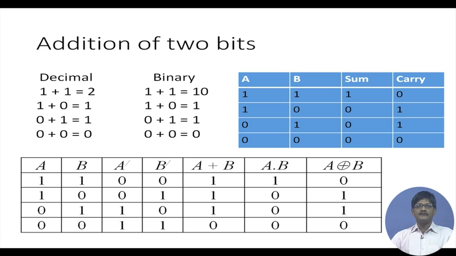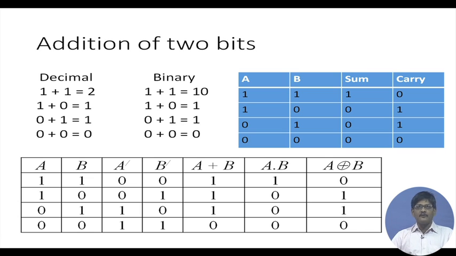That means that if I have 1 and 1, my circuit will be so designed that it can add up these two ones and give me a result of 2, which in binary is 1 0. It can add 1 and 0 and give a result of 1, and it can add 0 and 0 and give me a result of 0. So, this is mathematical addition, and with the help of logic operations, I have to represent these mathematical operations.